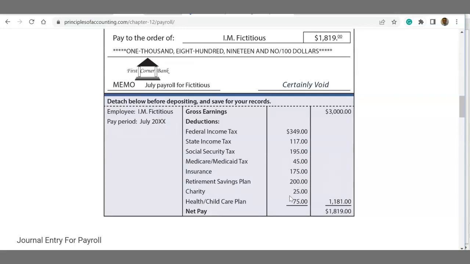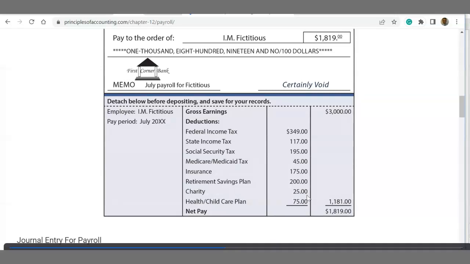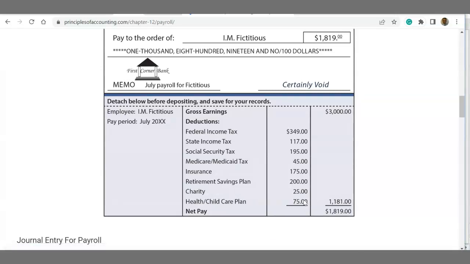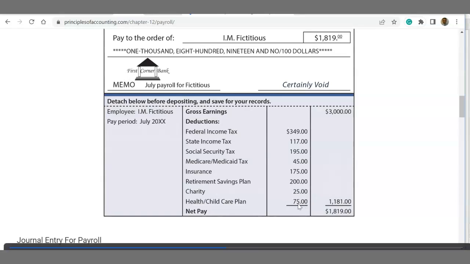The employee decided to pay $25 every paycheck to a charity or something. That's good. And also, the employee wants to contribute to the health childcare plan that the company is offering and probably contributing to. So here, the employee pays $75 and probably there's a match for this from the company side.